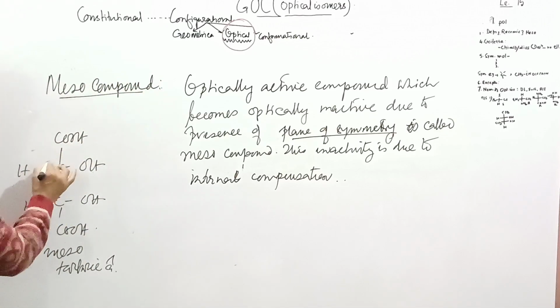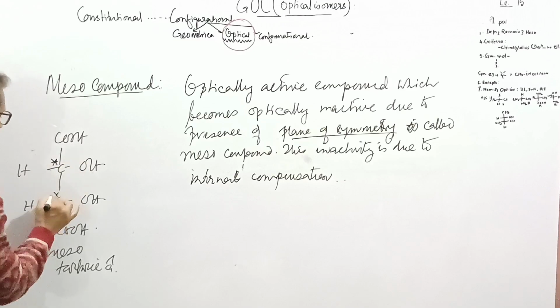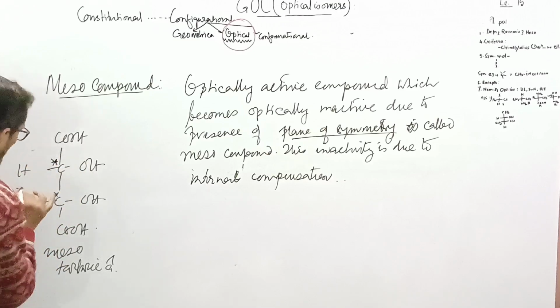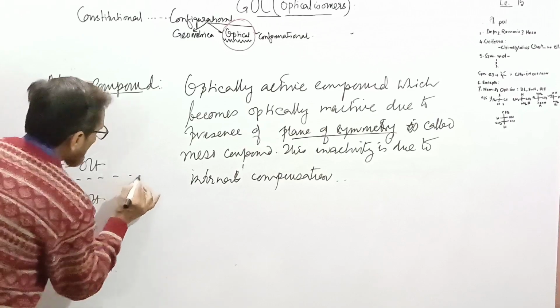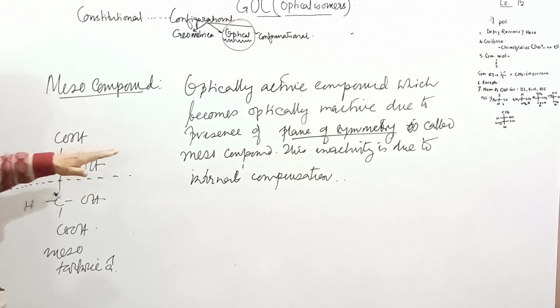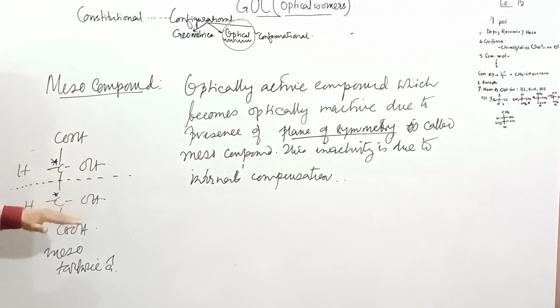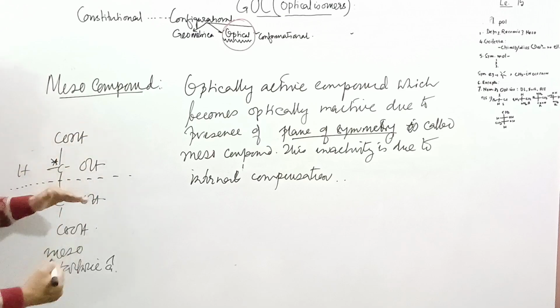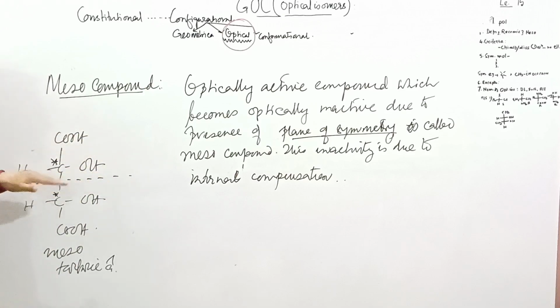has two chiral centers, so optical activity could be there, but due to the presence of a plane of symmetry, in short a line or axis, drawn through the compound, after breaking the compound into two equal halves, one half exactly fits over the other. If such a line can be drawn, then that compound is meso.